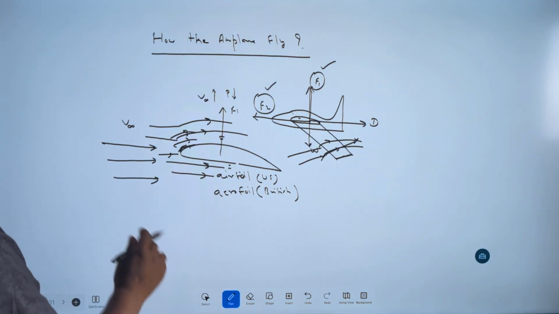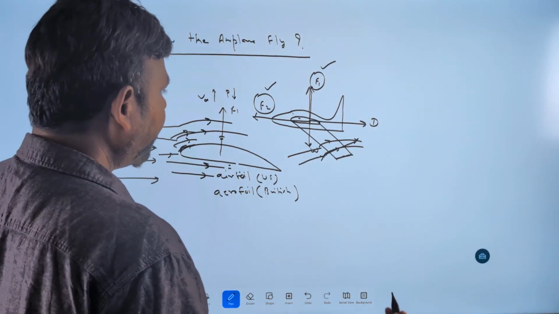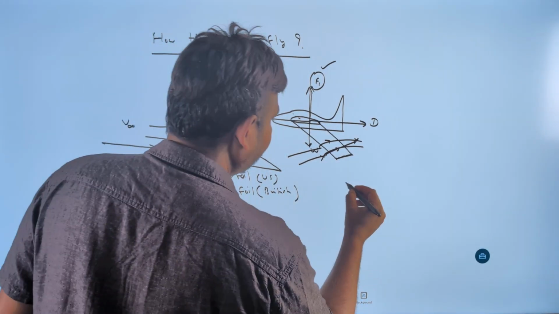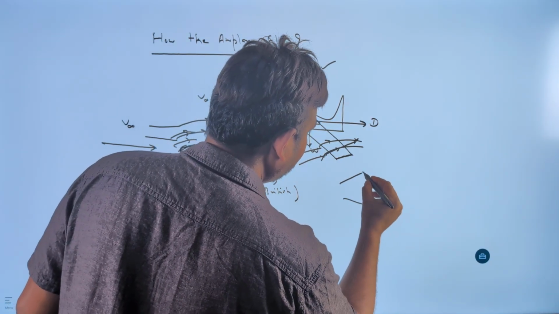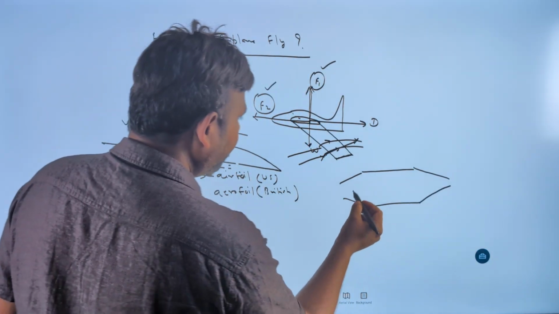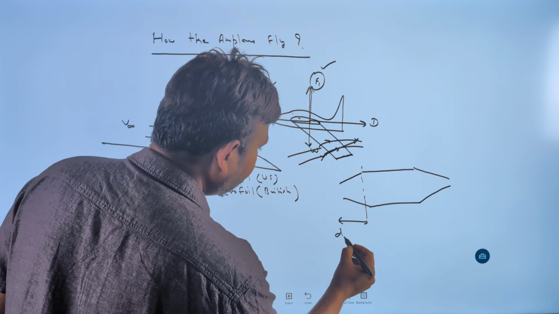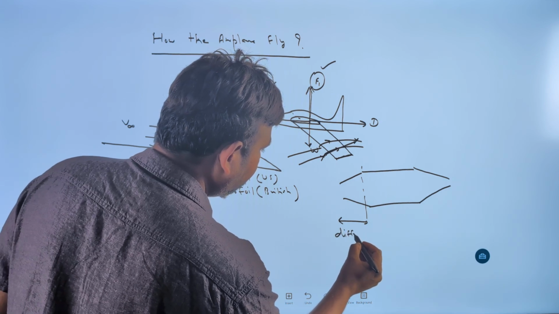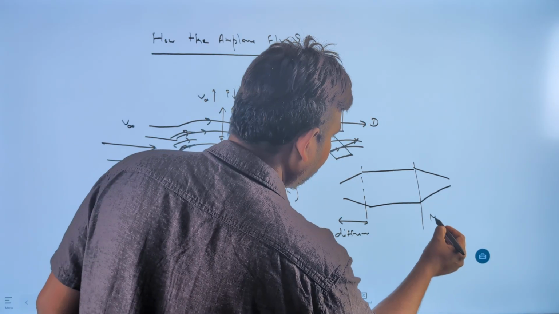Now how can we propel this aircraft? So now we have to take the concept of the jet engine. The jet engine looks like this. Here, this part is the diffuser, and this part is the nozzle.